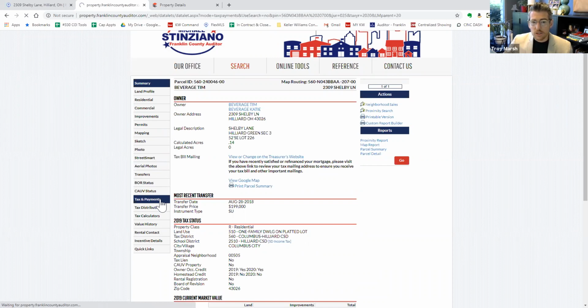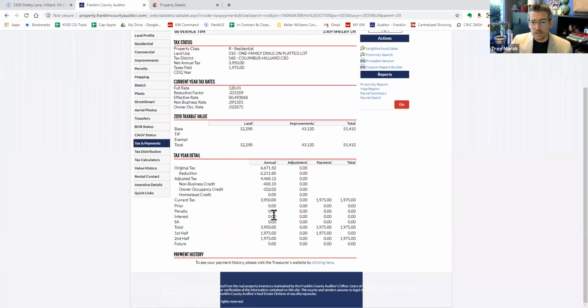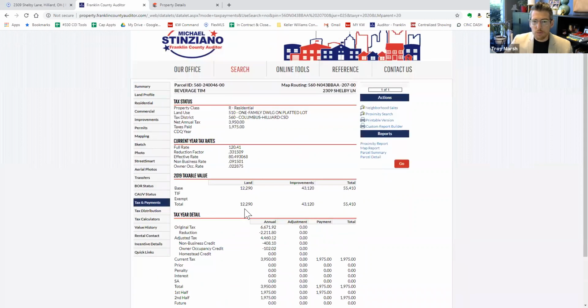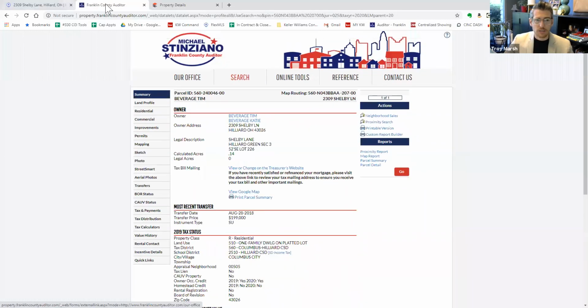I want to make sure that they're current on their taxes. Here you can click on tax and payments in Franklin County, at least, and in all the other counties you can as well. It's just not maybe in the same spot. You're going to see what people are paying in terms of taxes, make sure they're paid up to date, all of that kind of stuff. And this is also going to be important information for your net to seller sheet.